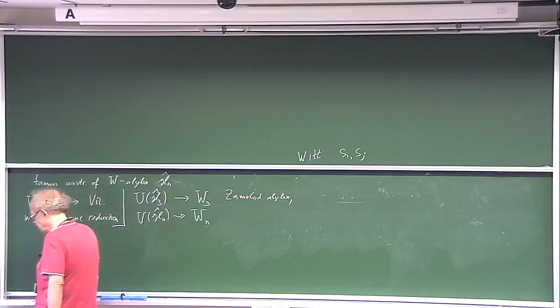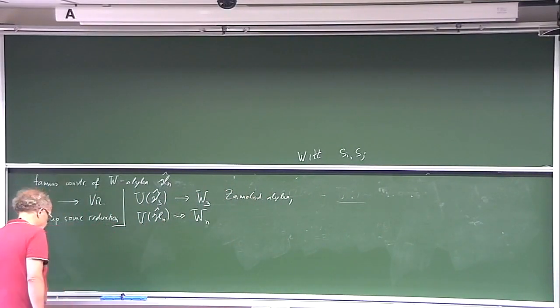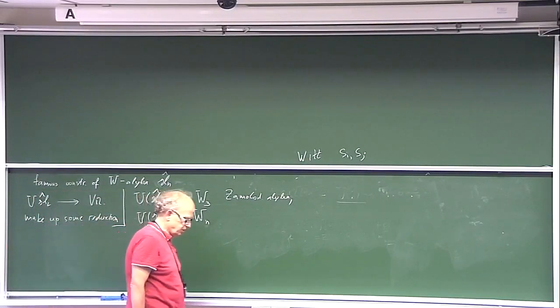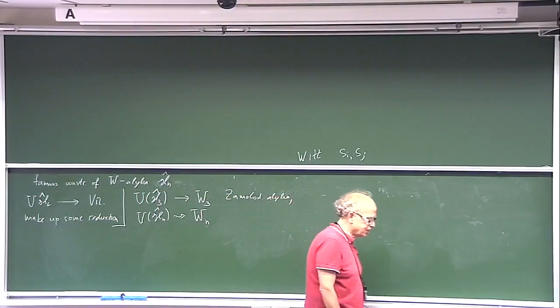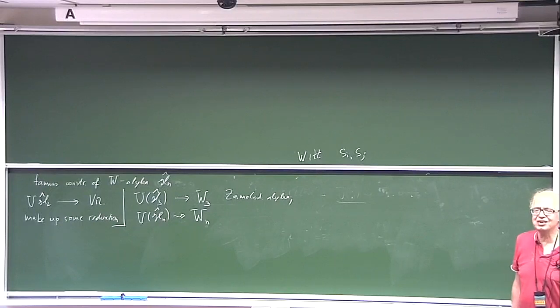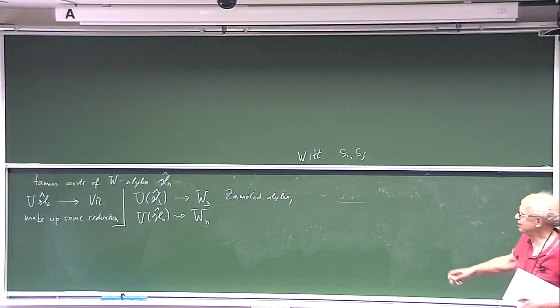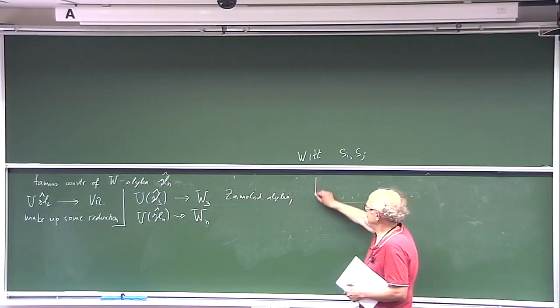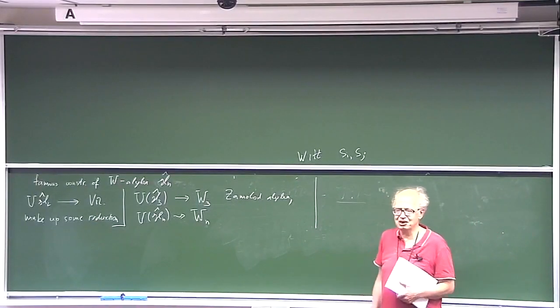No, actually, if you're asking me what Zamolodchikov actually did, he did not use any reduction. He did not use even the screening approach. He made it because he was, and still is, very good at calculation.